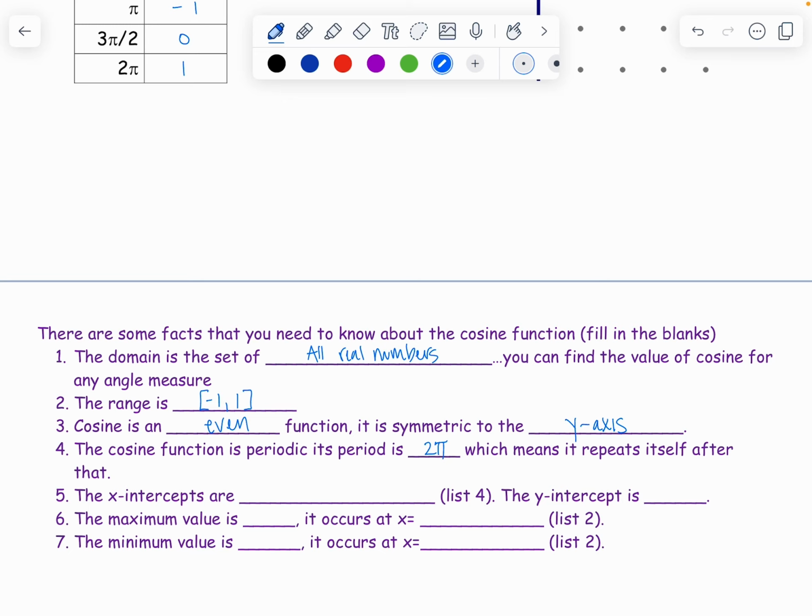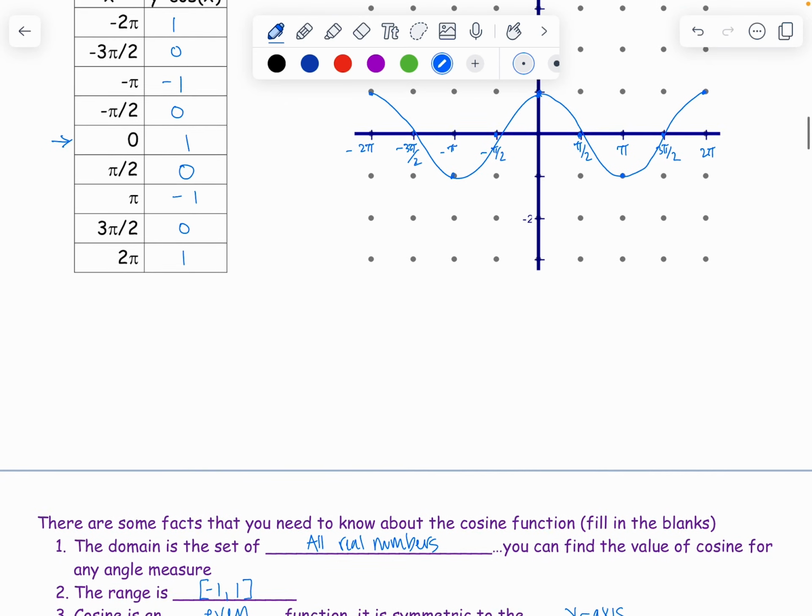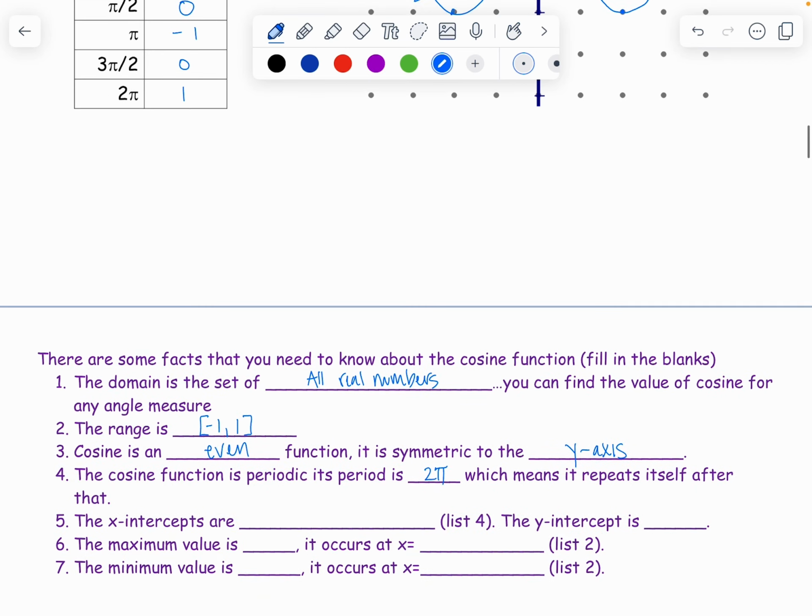The x-intercepts for this function are negative 3 pi over 2, negative pi over 2, positive pi over 2, and positive 3 pi over 2. There's that even aspect that you see, that with respect to the y-axis, this function is symmetric.